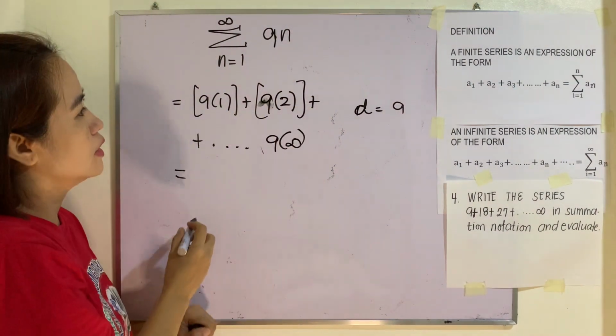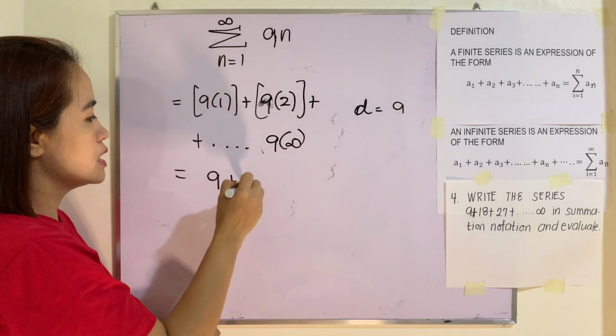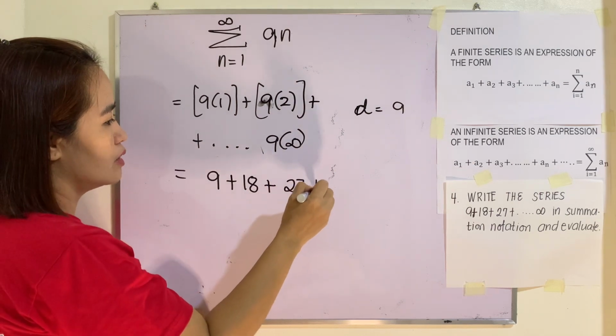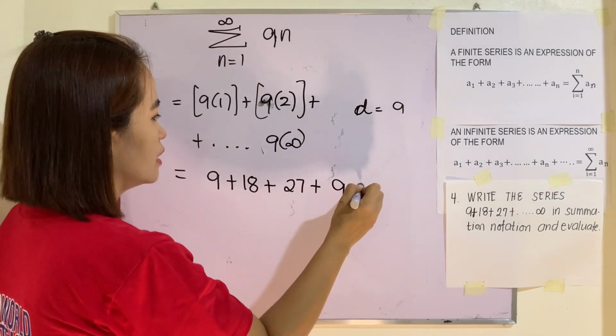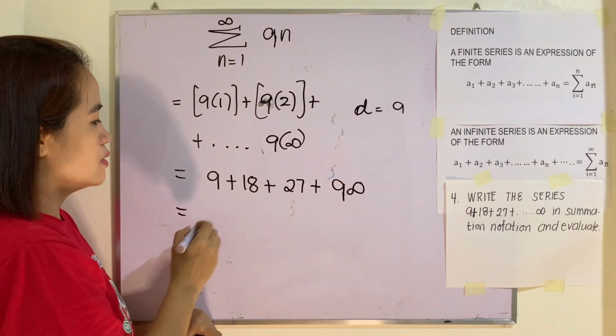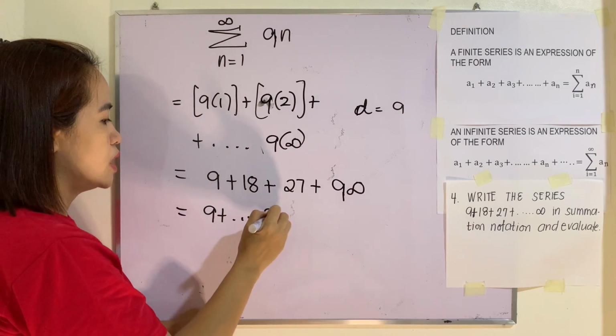So you can write it this way. This one is 9 plus 18 plus 27 up to, of course, 9 infinity. Or simply, this is equivalent to 9 up to 9 infinity.